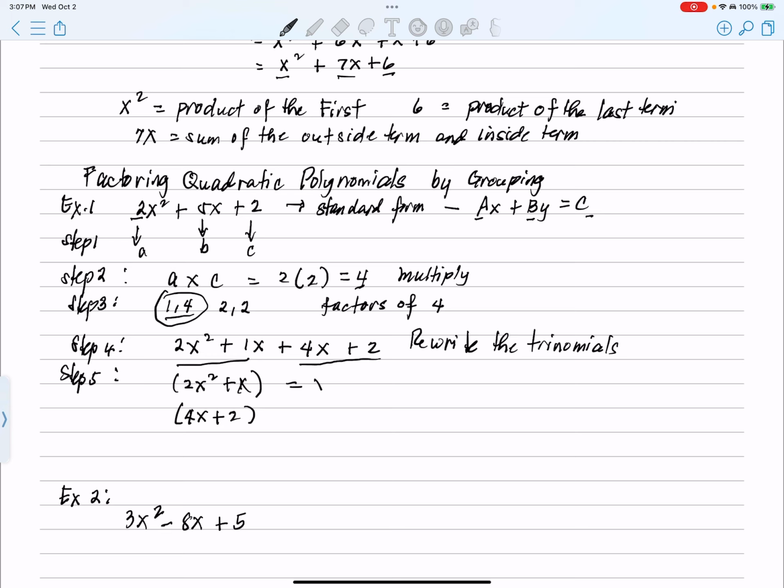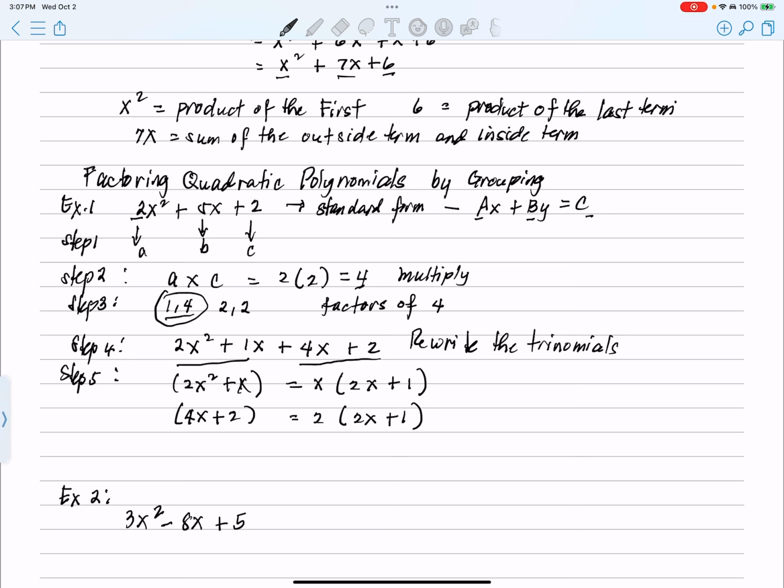The common is x. So 2x squared divided by x, that is 2x. x divided by x equals 1. How about 4x plus 2? What is common? Common is 2. 4x divided by 2, that is 2x. 2 divided by 2, that is 1.